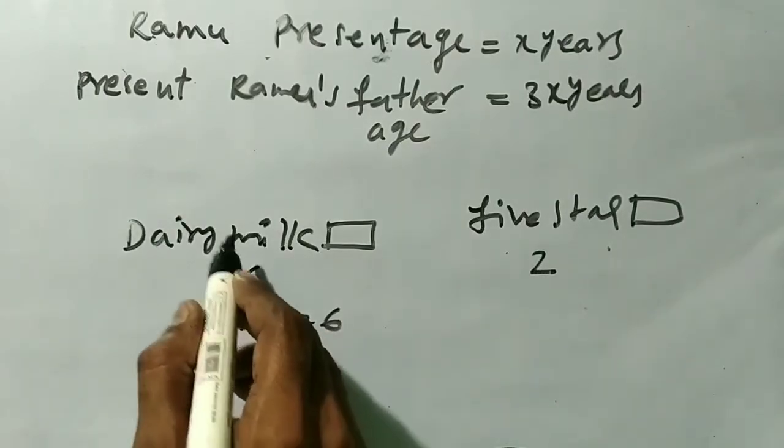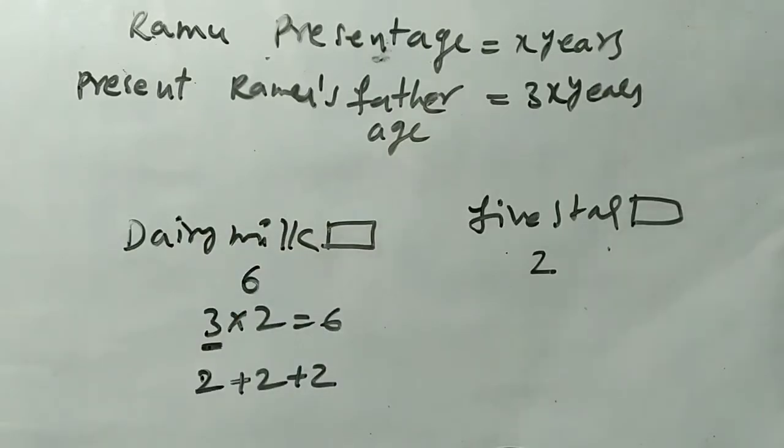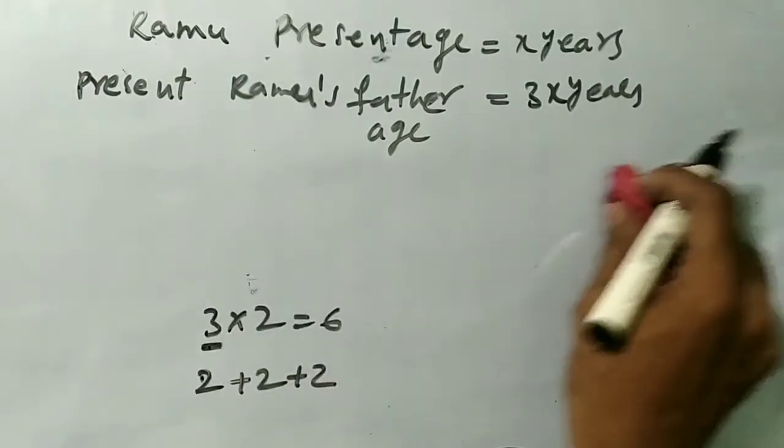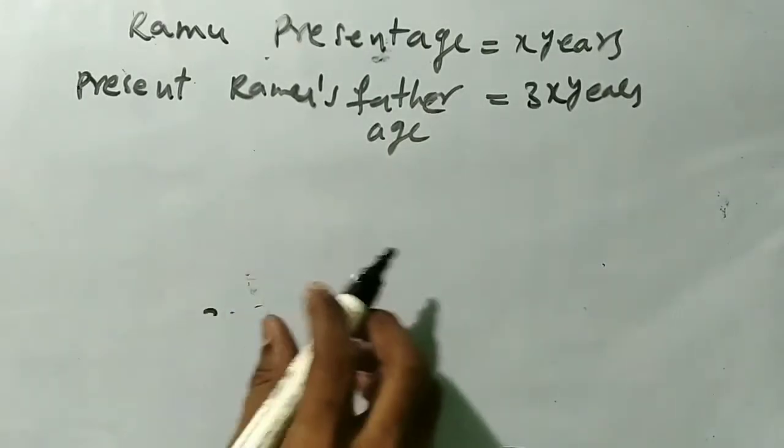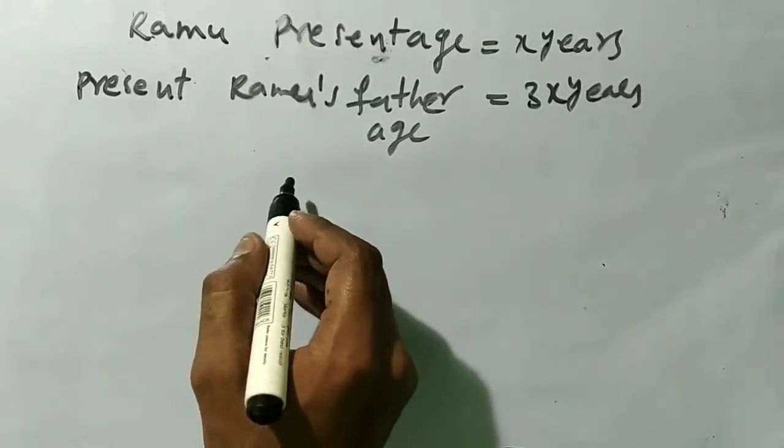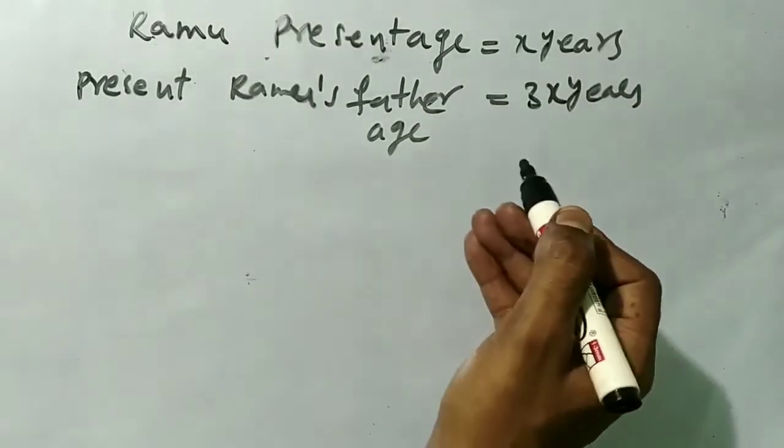So here, similarly, the present age of Ramu's father is 3 times the present age of Ramu.